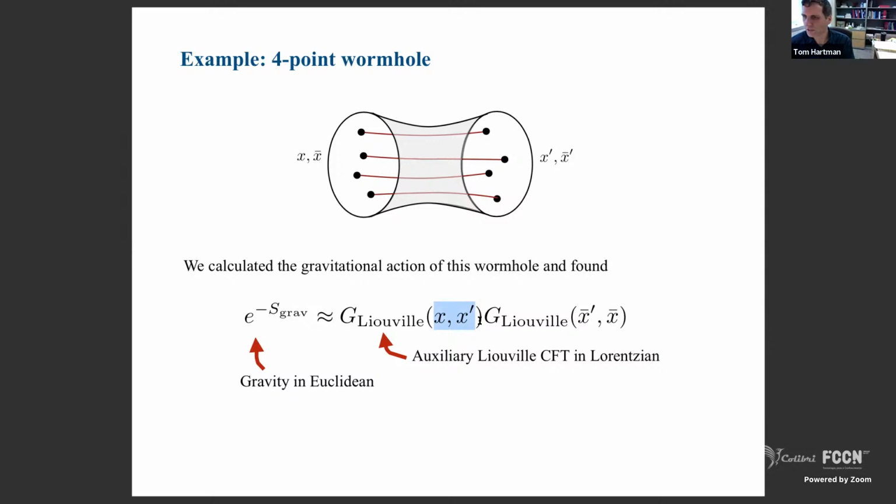That means this is a Liouville CFT in Lorentzian signature. The z and z bar have been decoupled. So this Liouville you can think of as encoding the left movers on the two boundaries, and this other Liouville you can think of as related to the right movers on the two boundaries. It's not one Liouville for each boundary; they get mixed and matched. So this is the result of this calculation.